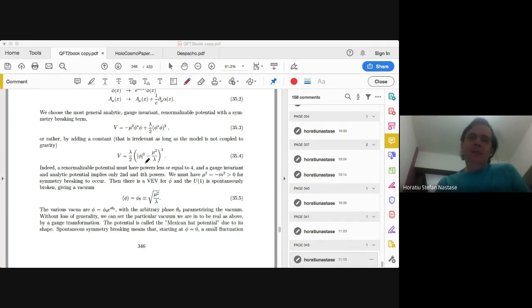Gauge invariant means it depends on the modulus of φ, and more precisely on the modulus squared. So the only possibilities are the second and fourth powers. And as I said, the second power needs to have a negative coefficient in order to break the symmetry, and the quartic term needs to have a positive coefficient in order to have stability at infinity.